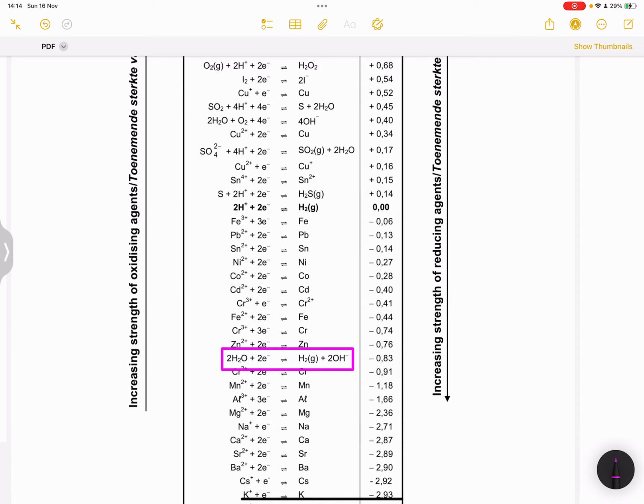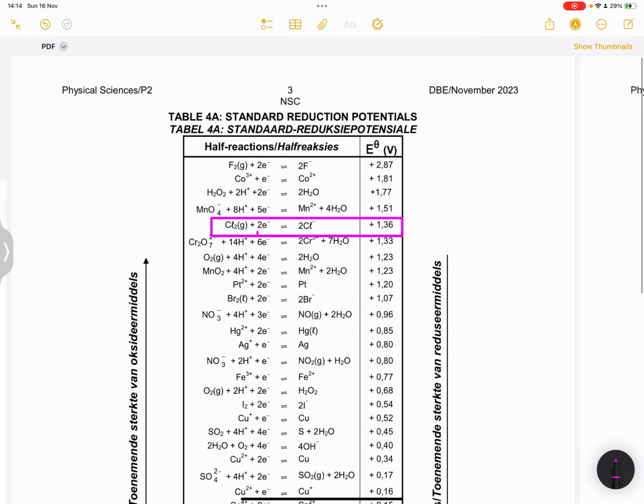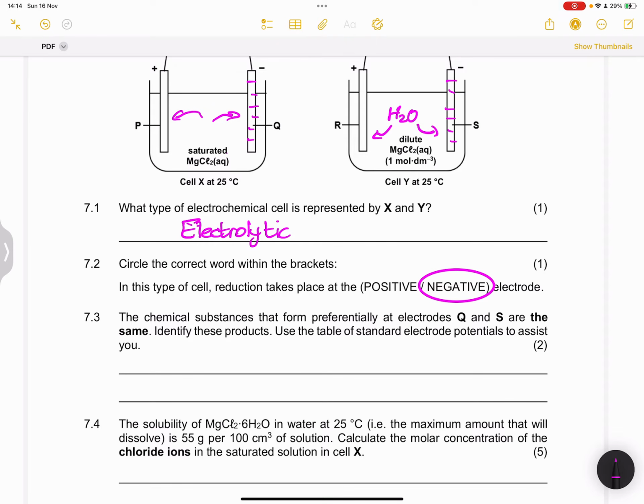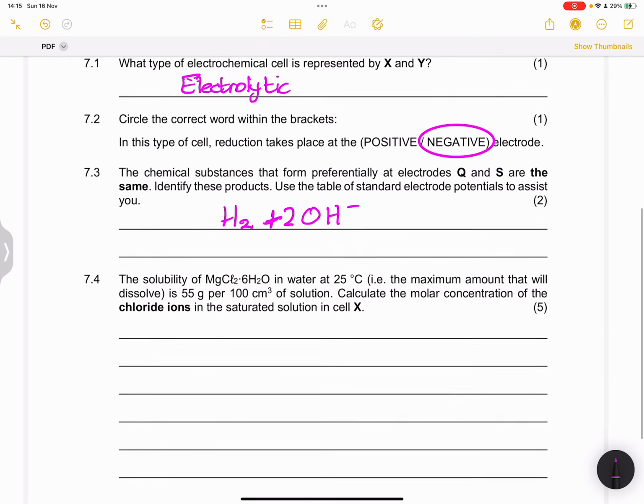Which means that we are going to have these as products at both Q and S. Remember, we said that it is undergoing reduction, it's gaining electrons, so you are going to have H2 as well as OH minus hydroxide ions. If you want to, you can write down the 2 there just to show that it's 2 hydroxide ions. So these are the products that are going to be formed at Q and S respectively.